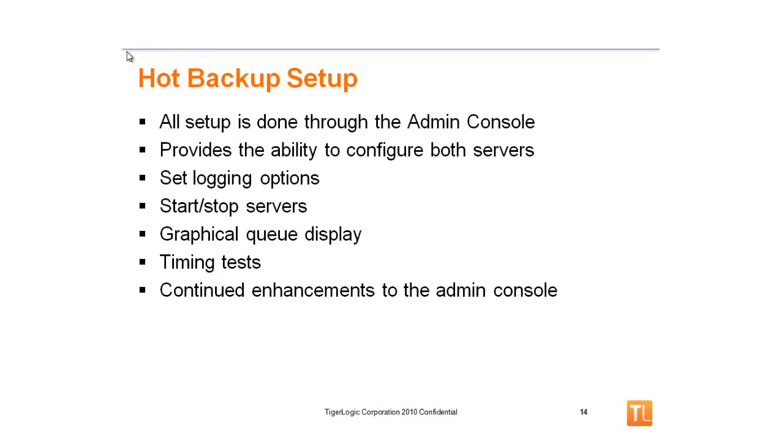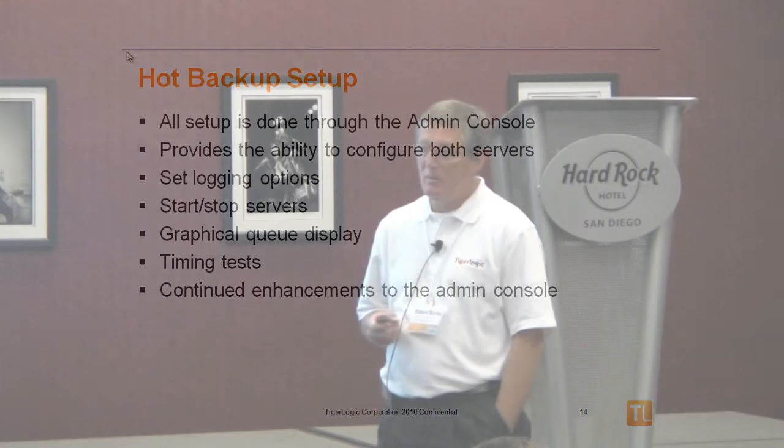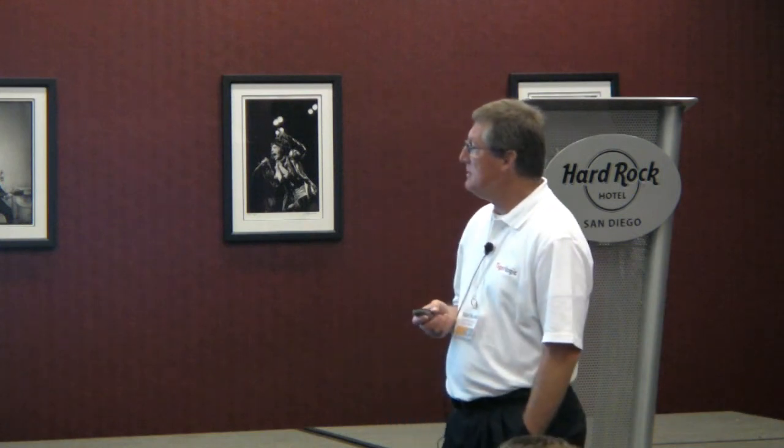We also have the ability to actually view the queue. So graphically, you can see the state of the primary queue and the secondary queue as far as the number of transactions. So you can see if one side's getting backed up, you may need to do some more performance tuning. And there's also the ability to inject a timing test into the transaction flow.